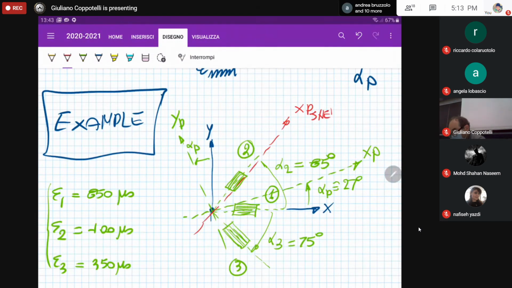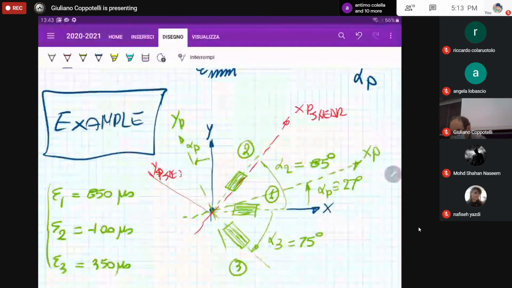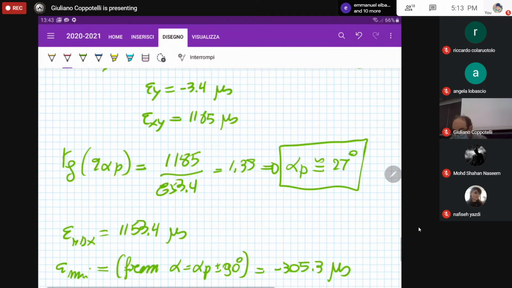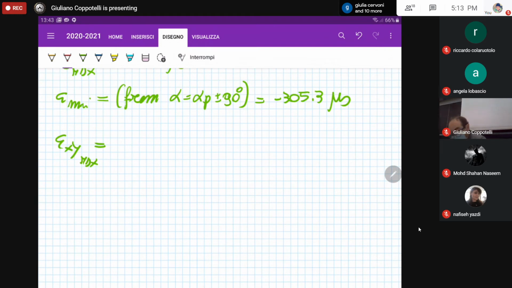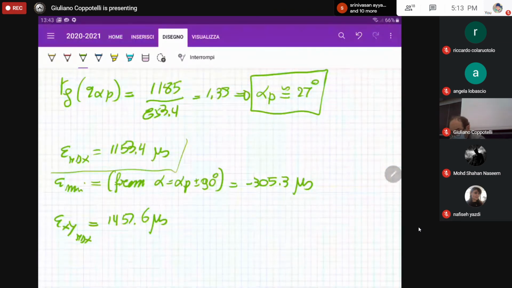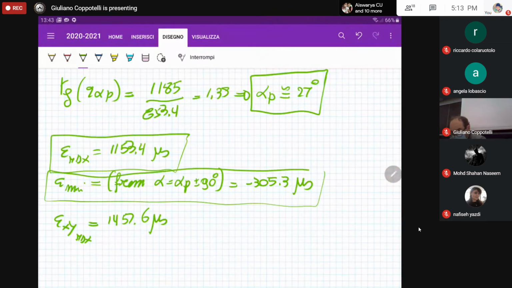So for the shear, just to be sure not to be misunderstood, it is equal to 1452.6 microstrain. That is your first interesting result that you got from that strain field.